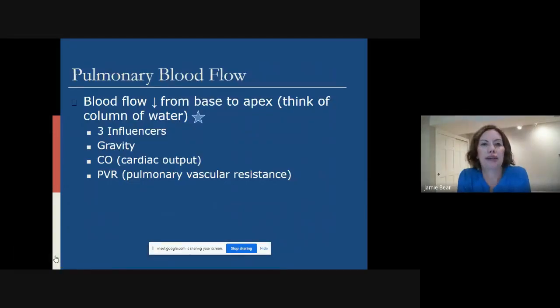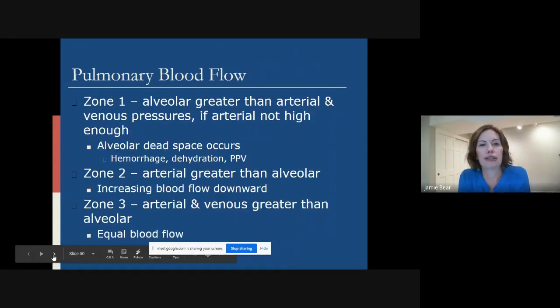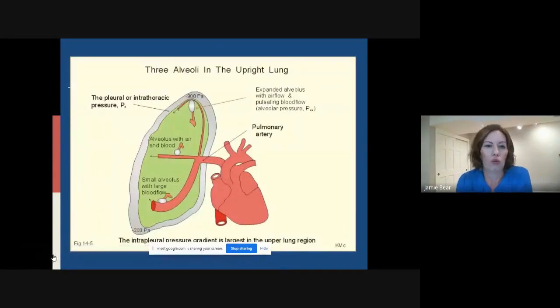So when we were talking about anatomy, we talked about how air in the pulmonary system likes to rise, whereas blood flow, due to gravity, likes to settle in the bottom. So if we look at our different pulmonary zones, we look here at the apex of the lungs, we have quite a bit of air, but we have a very small amount of blood flow.